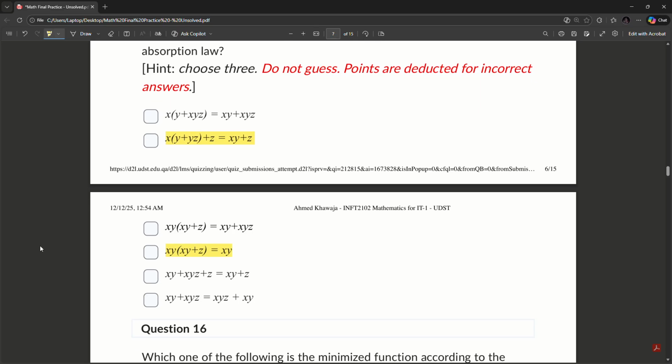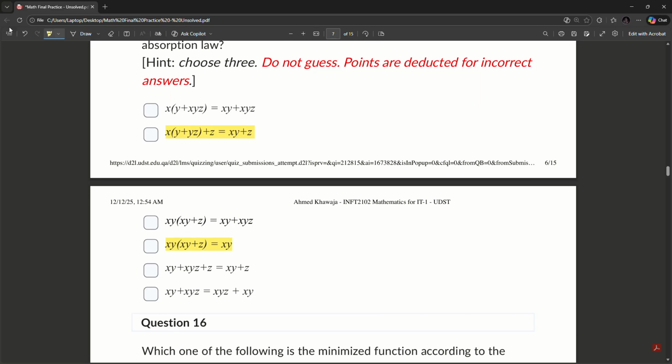Okay, hold on, what? Wait, okay, hold on. x, y, x, xy plus a plus xy, and x, y plus z plus z. That will give, yeah, okay.